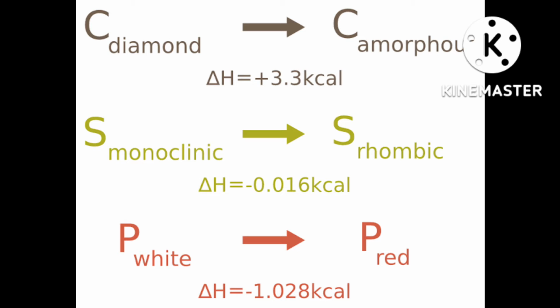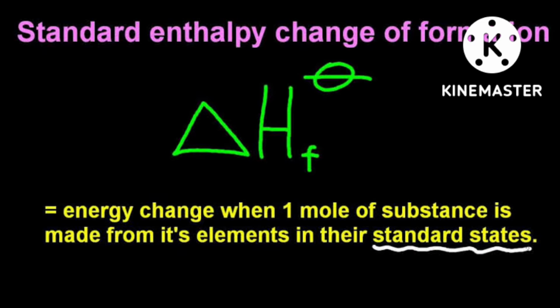Enthalpy of formation, I told you, is also called heat of formation. Previously the term heat was used for enthalpy. Enthalpy is a new term. Earlier it was called heat of formation, now it is called enthalpy of formation.